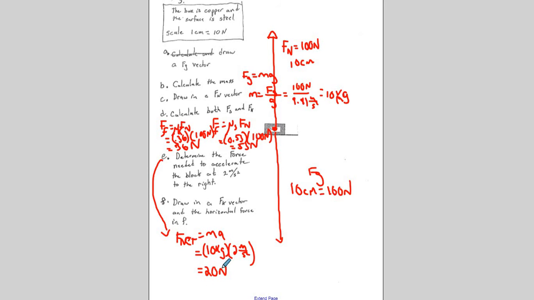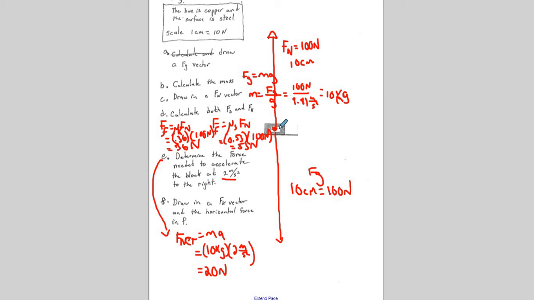This does not mean my applied force has to be 20 newtons. It means my applied force has to be 20 newtons greater than the frictional force. If I want to keep this acceleration of 2 meters per second squared, then I need an applied force that is 20 newtons greater than the sliding force, that is the kinetic force of friction.